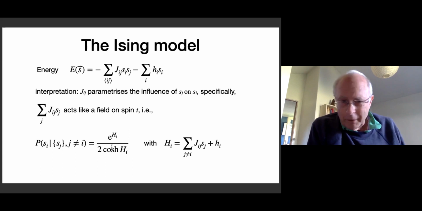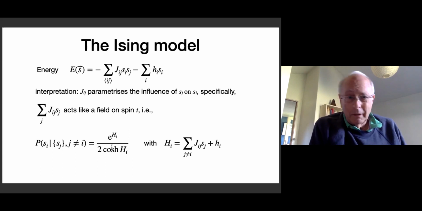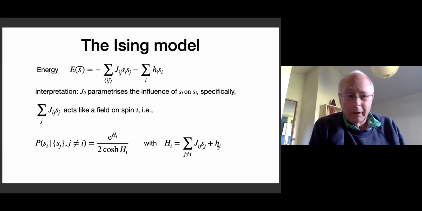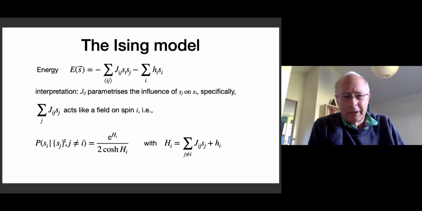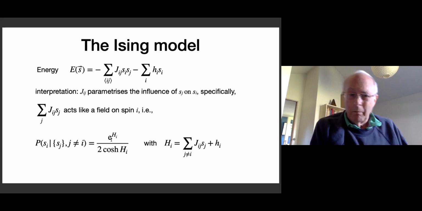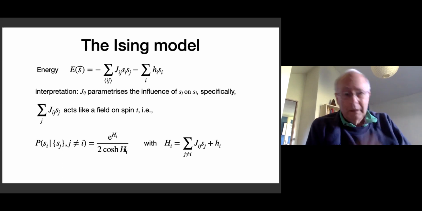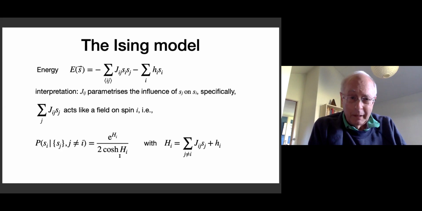Okay, that's the first misprint I've discovered here. So it's just like we had when we had an external field, but you use this internal field instead, which also includes the external field if it's there. So this really is the probability that S_i is equal to +1. But in the general case, you multiply H_i by S_i in the numerator.